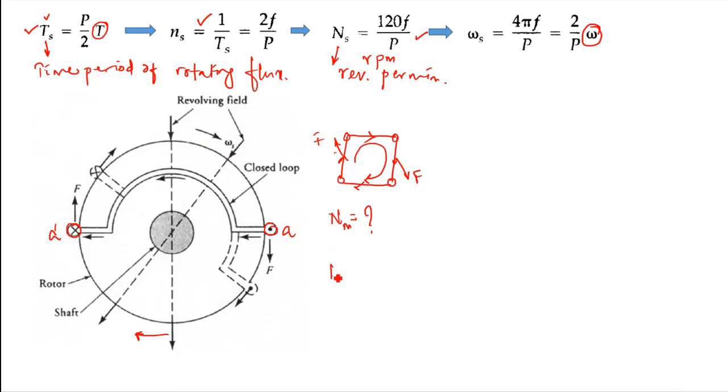Let us say your revolving field is rotating at ns and your coil started rotating in such a way that it achieved the speed of the rotating field. Then what will happen? If it achieves the speed of the rotating field, then there will be no change in flux linkage in the coil, right?